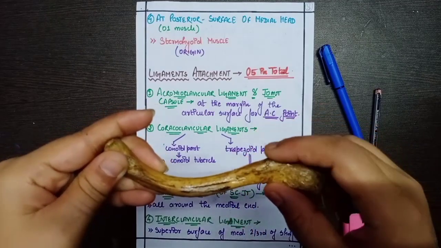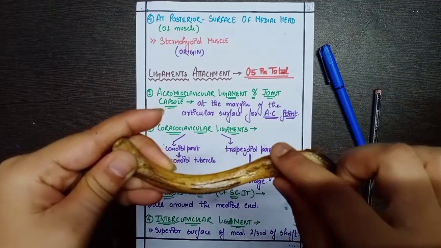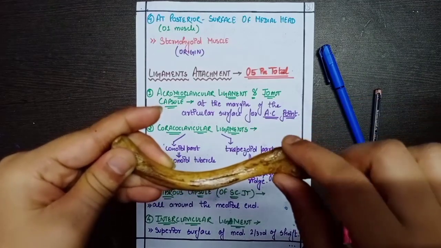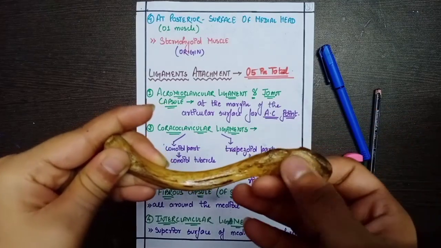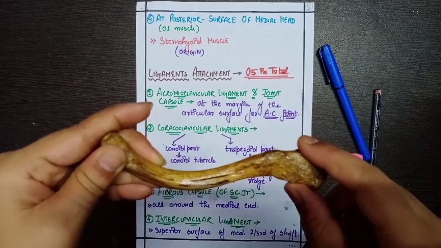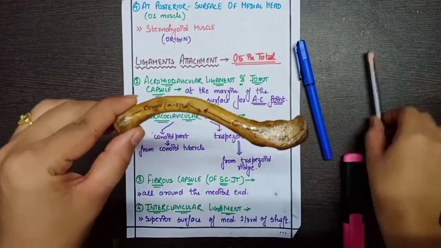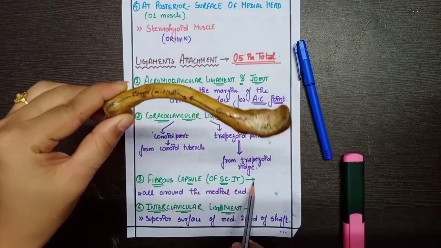So on the conoid tubercle, the conoid part of the coracoclavicular ligament is attached, and on the trapezoid ridge, the trapezoid part of the coracoclavicular ligament is attached. As simple as that.